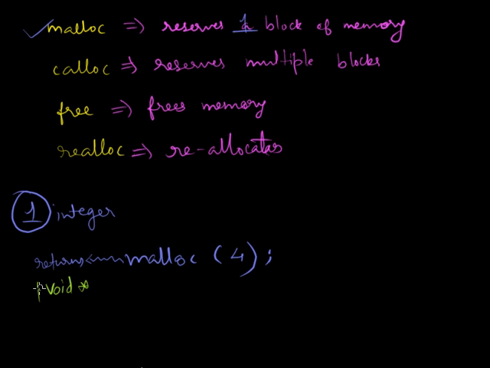Now you have to convert this void star to a meaningful pointer. If you have allocated for an integer, you convert it to an integer pointer. Let's say you want to allocate memory for an integer, so you need an integer pointer to point to that memory. You write int star p. So you have declared a pointer.